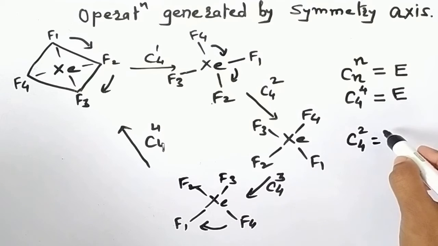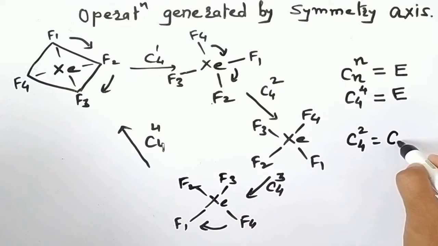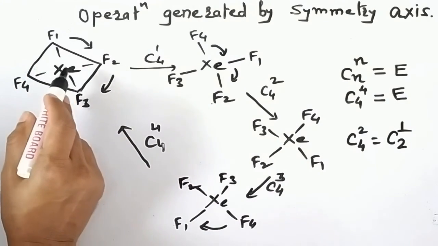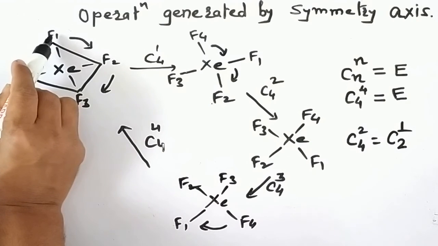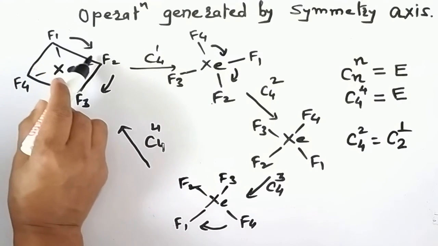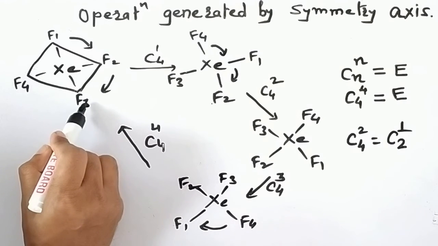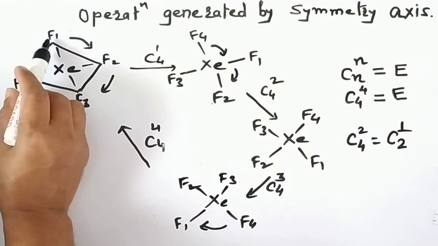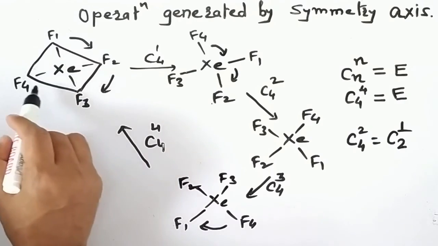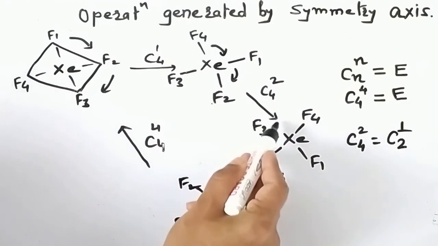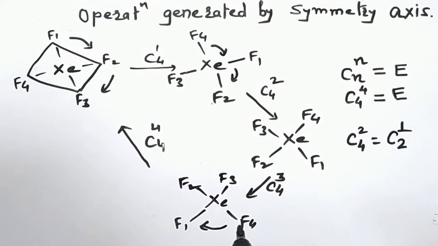That means C4 twice is nothing but equal to doing rotation C2 only one time, because in the figure we can see that F1 has transferred to the place of F3 and F3 has transferred to the place of F1. Similarly, other atoms also move by operating C4 twice.